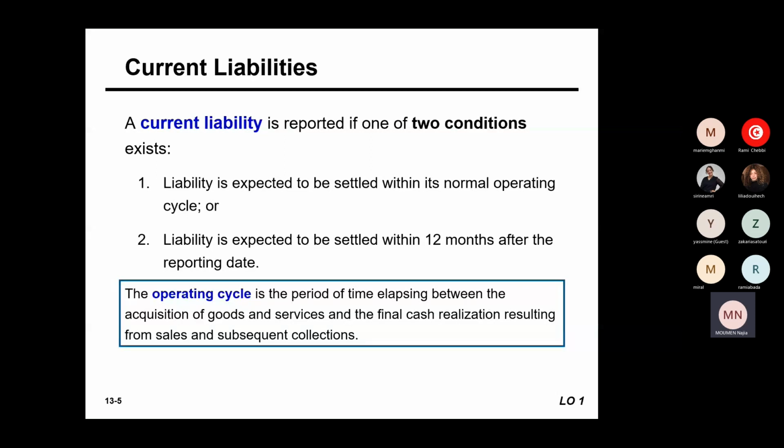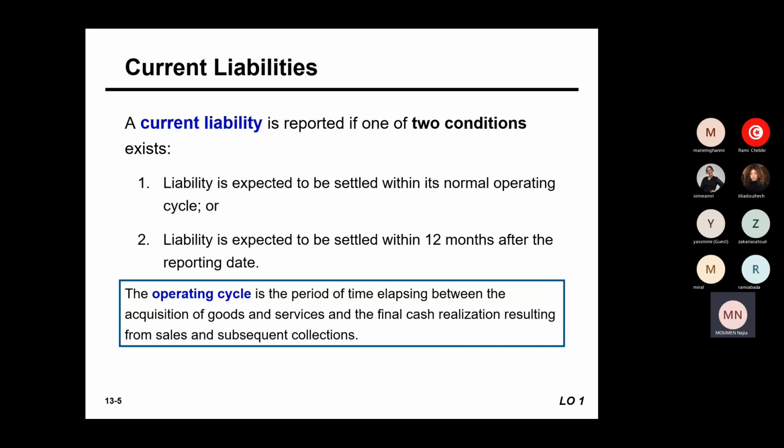When we say operating cycle, how do we define it? Simply, it's the time elapsing between the acquisition of goods and services and the final cash realization resulting from the sales and subsequent collections. The operating cycle of the business means that you acquire goods and services.